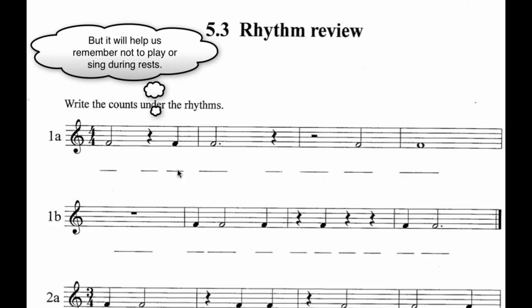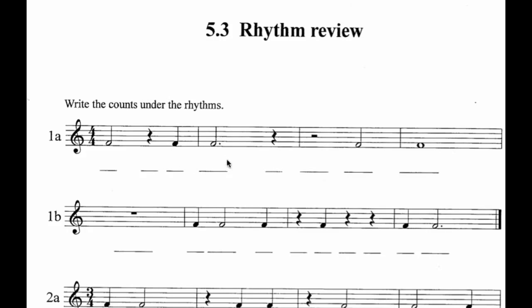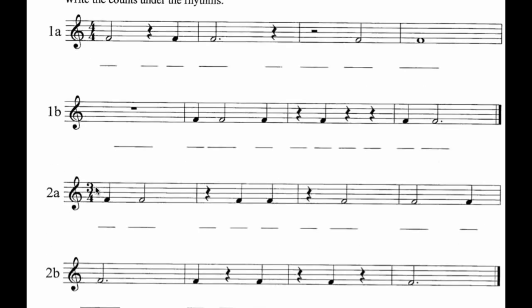This is 4. 1-2-3, parentheses 4, R. 1-2, parentheses R. 3-4, 1-2-3-4. So please do that for all of these.